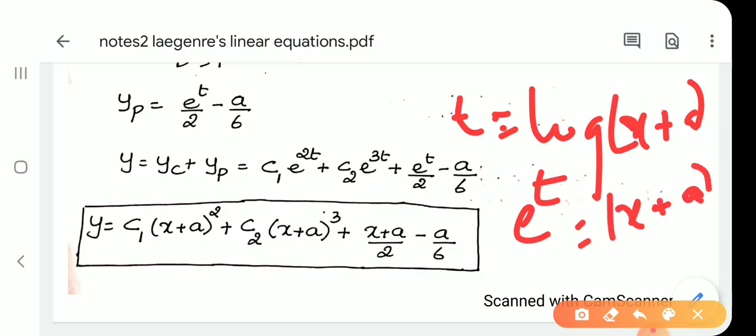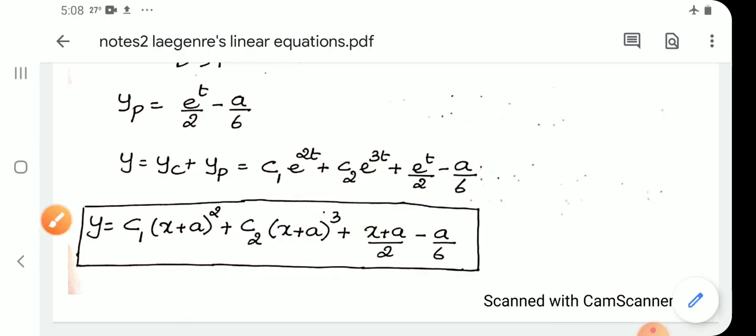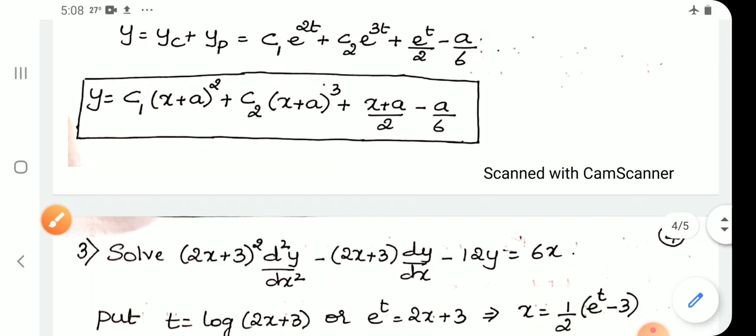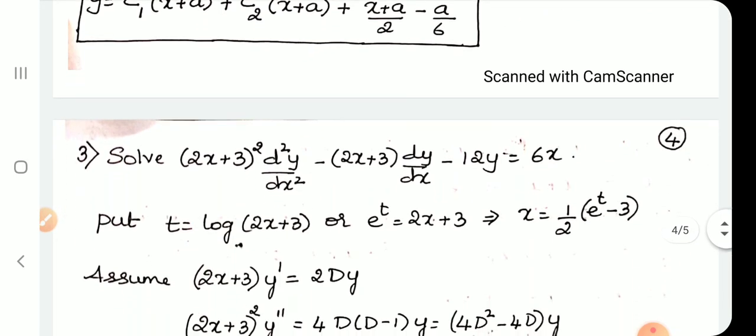When we do so, we get the answer as y is equal to c1 (x plus a) whole square plus c2 (x plus a) whole cube plus (x plus a) by 2 minus a by 6. So we have completed this solution also.